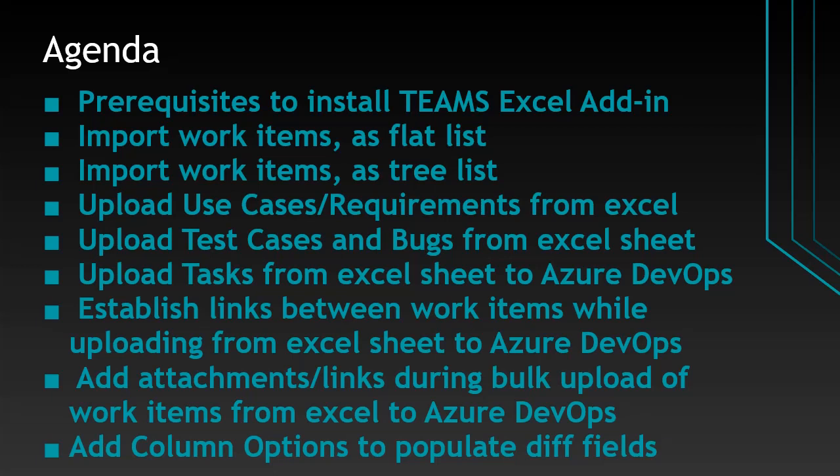So basically whatever fields you would like to populate for different work items while uploading from Excel sheet to Azure DevOps in bulk, you can do that. It's a very useful session. I'm going to cover all these topics, which is very helpful for every tester in every organization.